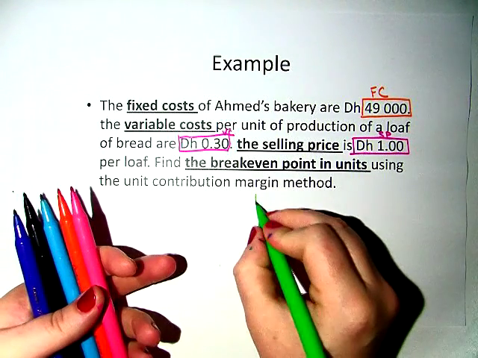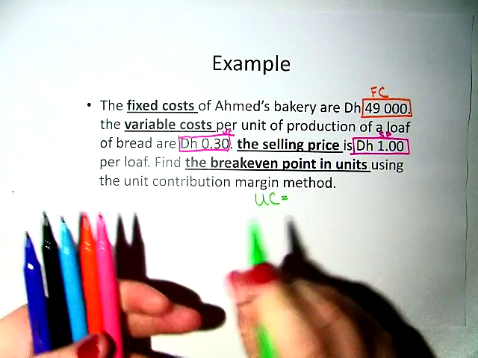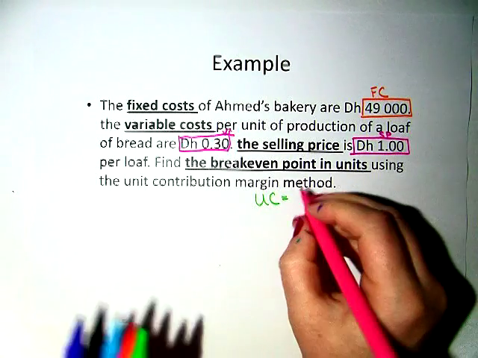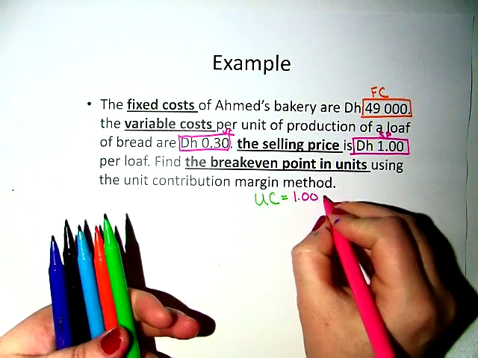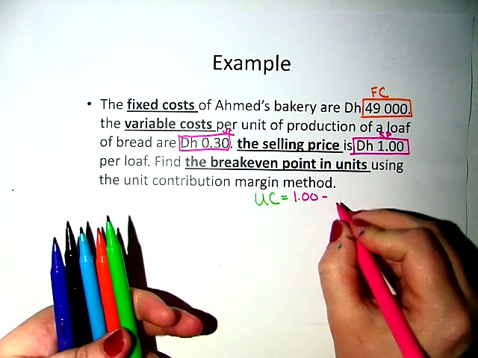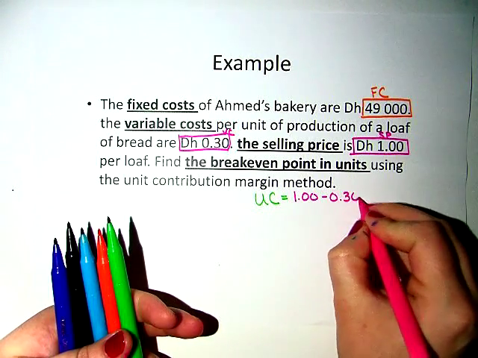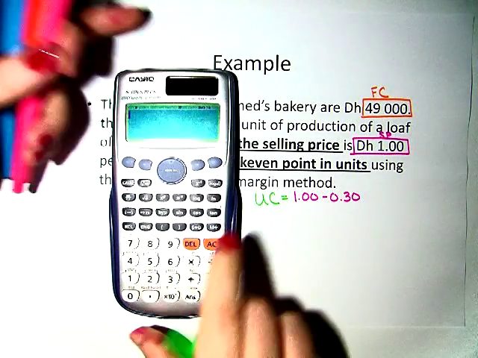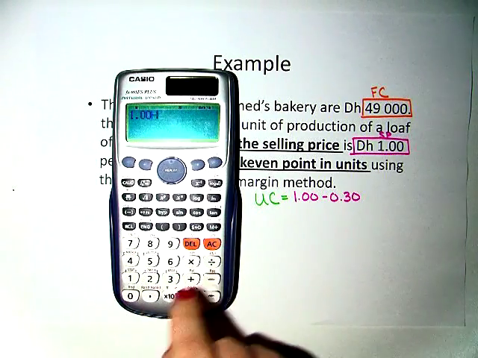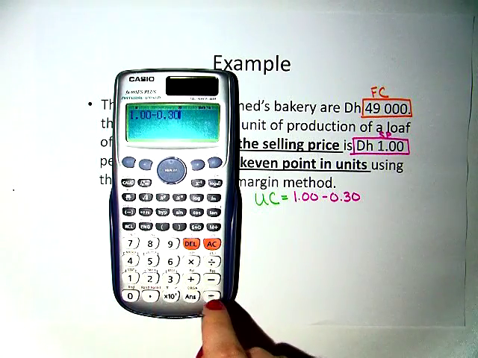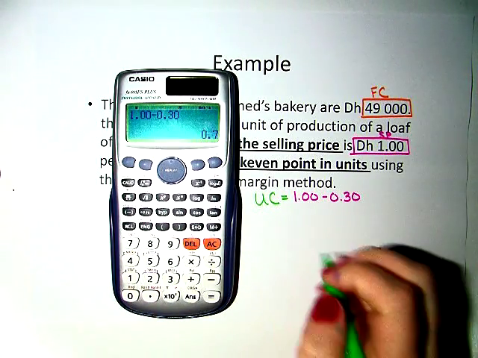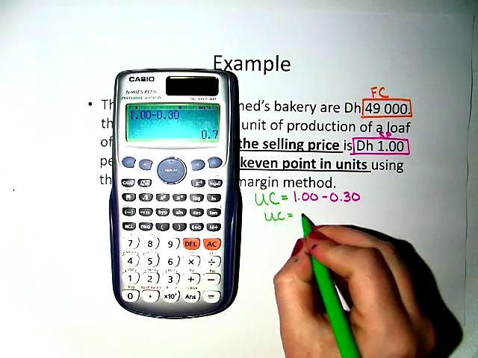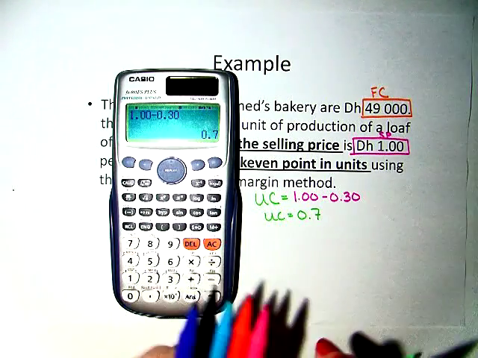Okay, that would mean that my unit contribution margin is the selling price, 1 dirham, minus the variable costs, or 30 fils. So if I put it in my calculator, 1 minus 0.30, my unit contribution margin is 0.7.